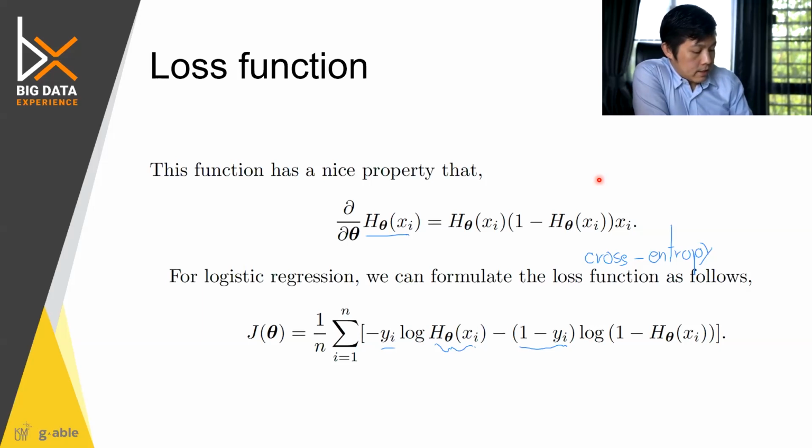But if it is the other way around, if y is 0 for that class, then this term would be approximately 1. If y_i equals 0, then this term would be about 1.